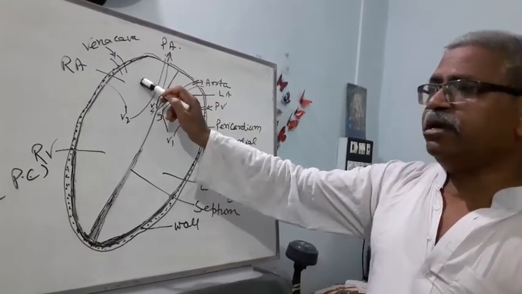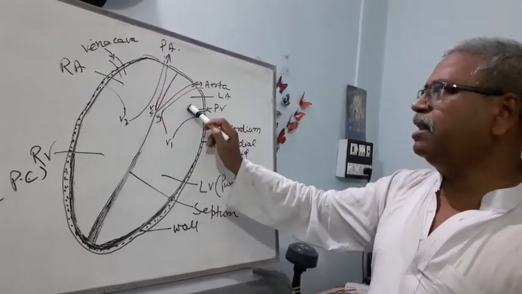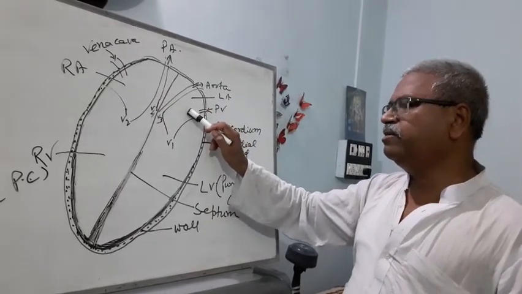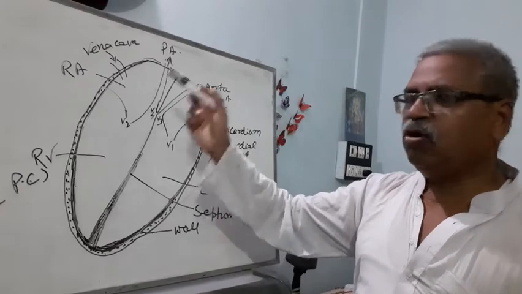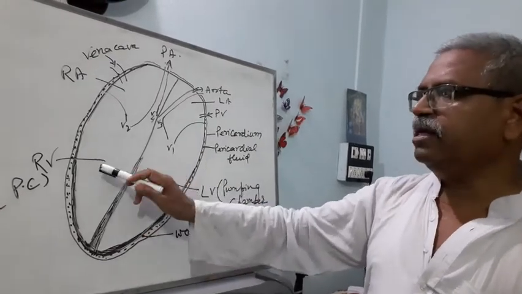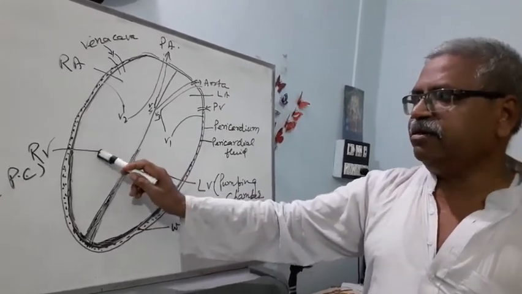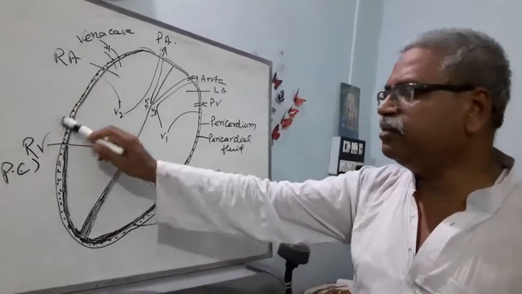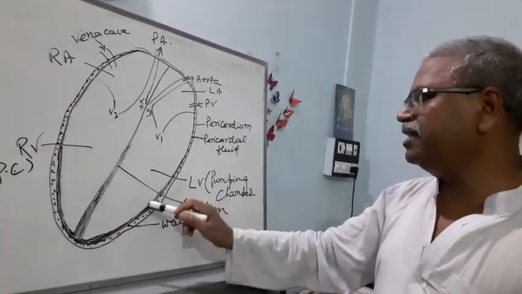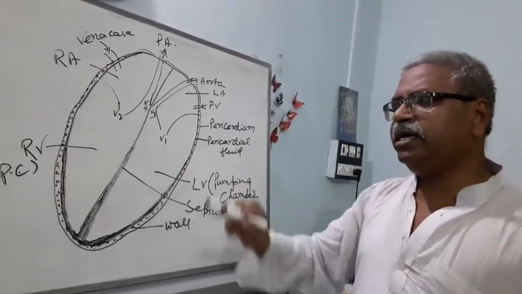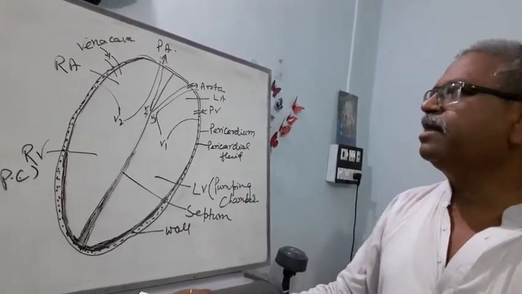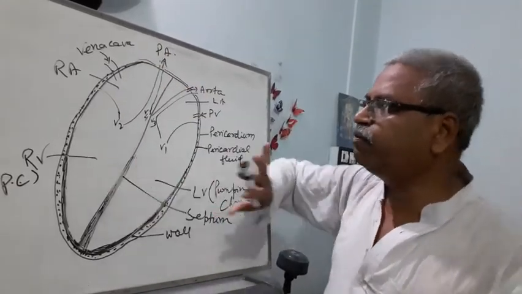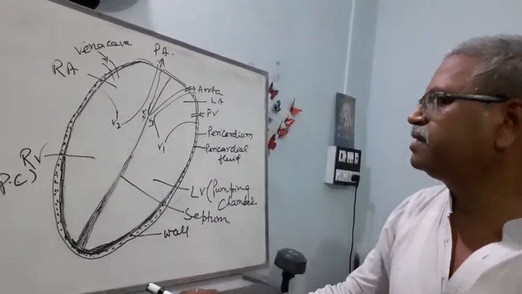The upper chamber is known as auricle, right auricle, left auricle, or atrium. This is also known as atrium. This is the right ventricle, this is the left ventricle. This lower portion, which is larger in size, is actually the pumping chamber, since the upper part receives the blood and this part pushes the blood outside.